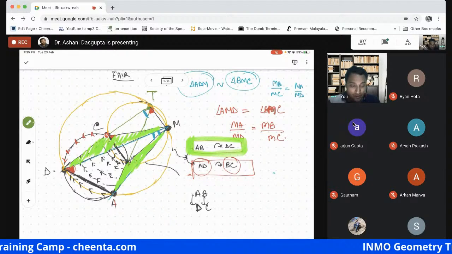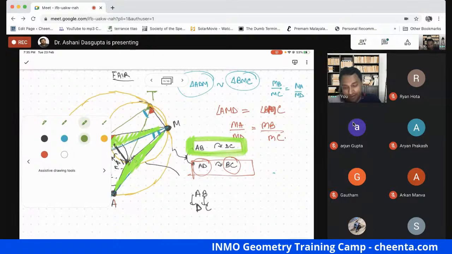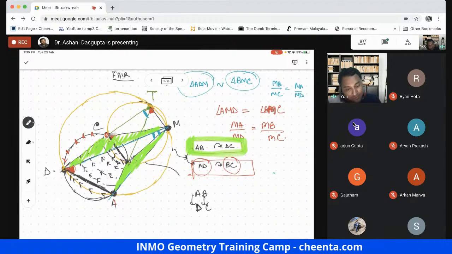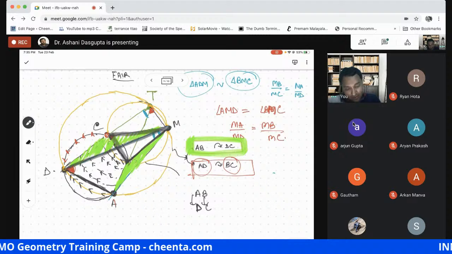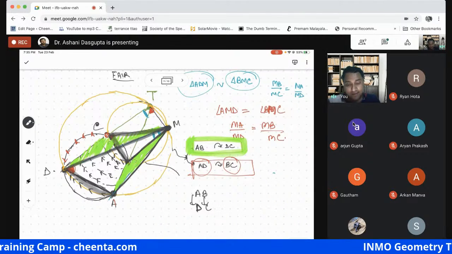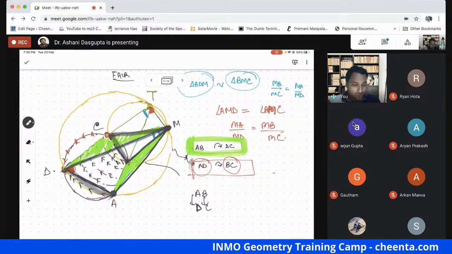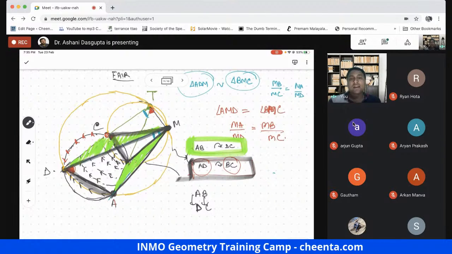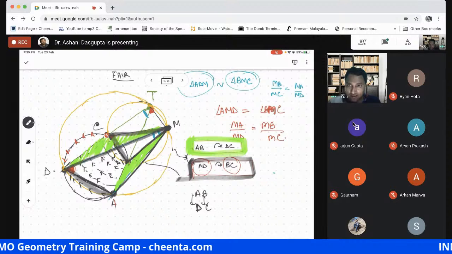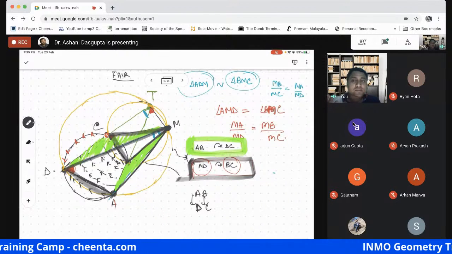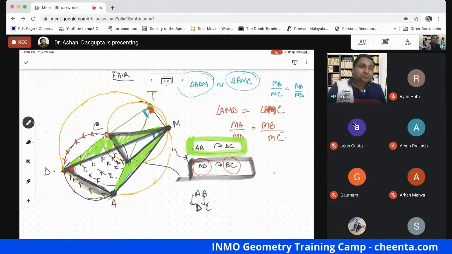The one that we just showed is this piece going to this piece, and the other one is BC AD going to BC. Okay, that's great. So we have both of these pieces together. So M is the center of spiral similarity.